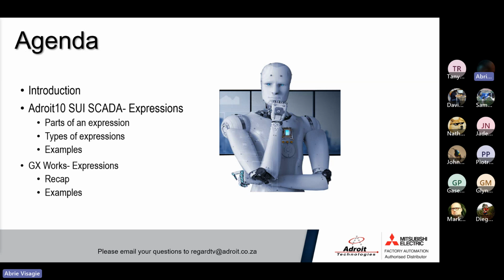And then we'll be going over to GXWorks, looking into the expressions there. Just a short recap of what Regard explained last month. And then I'll just take you over to a small HMI to give you a decent view of exactly how they work and how they can be used.